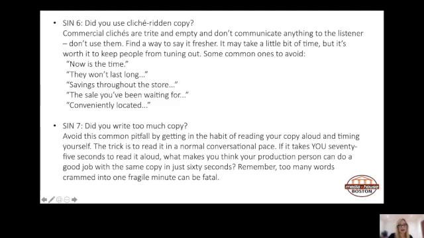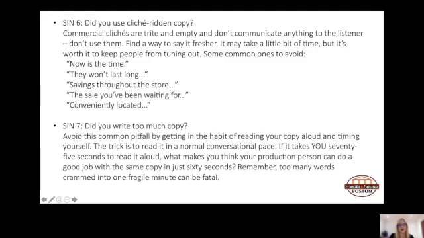Then sin number 7, did you write too much copy? Avoid this common pitfall by getting in the habit of reading your copy aloud and timing yourself. The trick is to read it in a normal conversational pace, okay? The way that you and I will speak to each other. If it takes you 75 seconds to read it out loud, what makes you think that your production person can do a good job with the same copy in just 60 seconds?